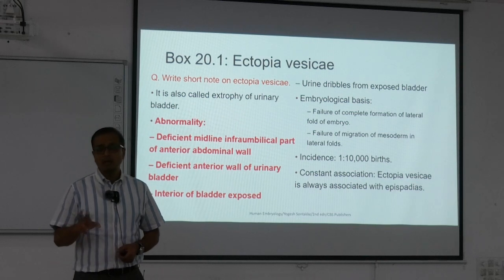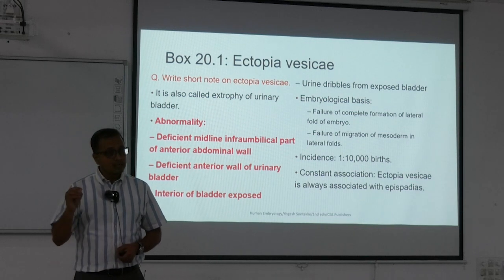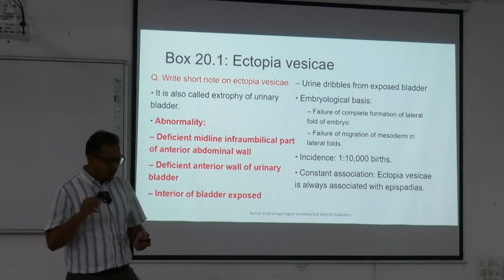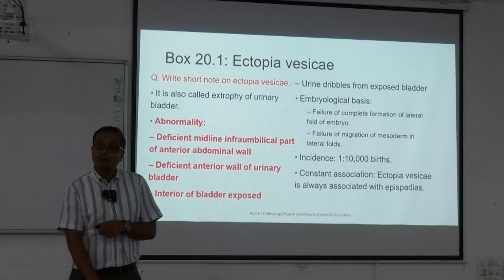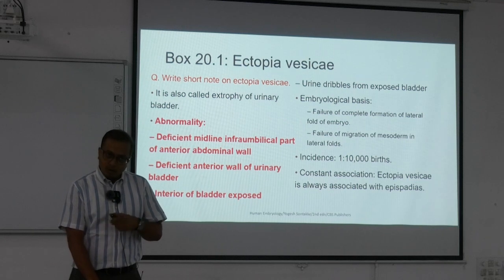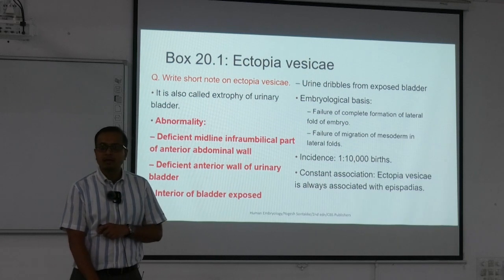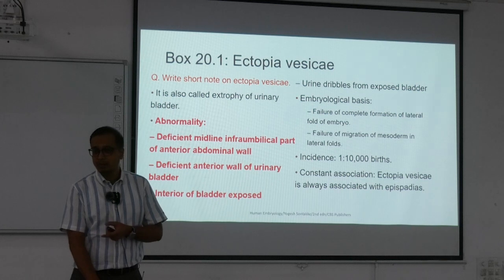So, these are the two entities we have to look for. See what clinical case is given. If it is given that the infra-umbilical part is deficient, then you have to give this particular explanation.